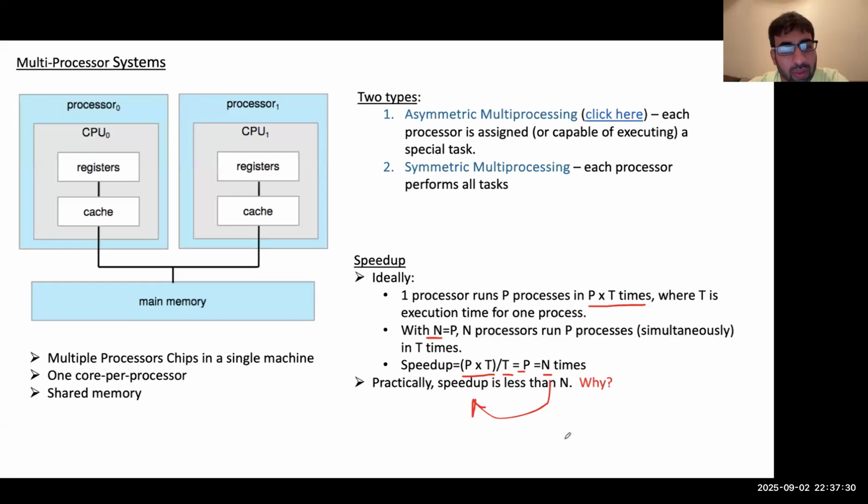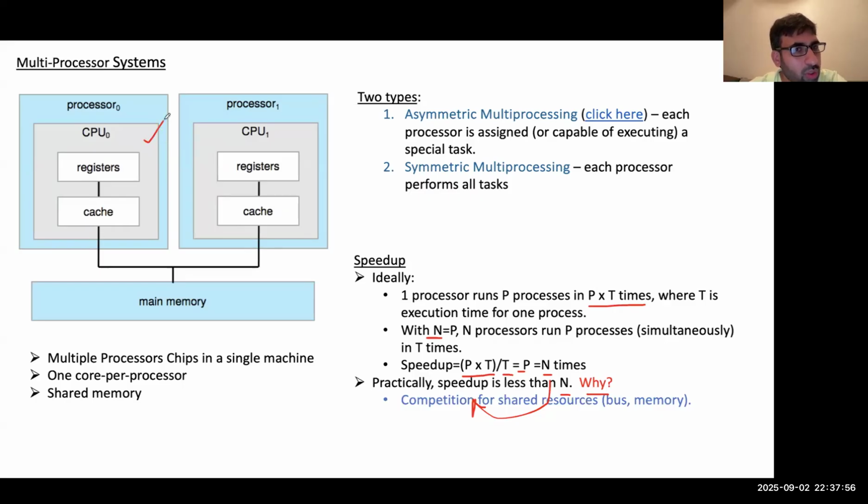However, in a practical situation, yes, we still get the speed up, but it is not as high as the number of processors we have in a multiprocessor system. Why? Because these processors are on the same machine, the same computer, and each one of them can run a process, but when you run a process, you need several resources.